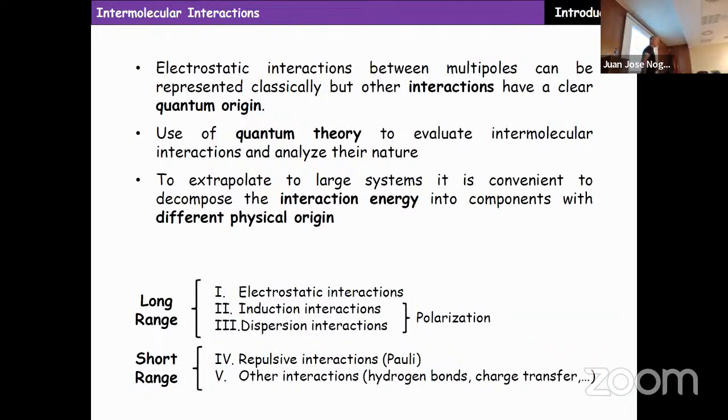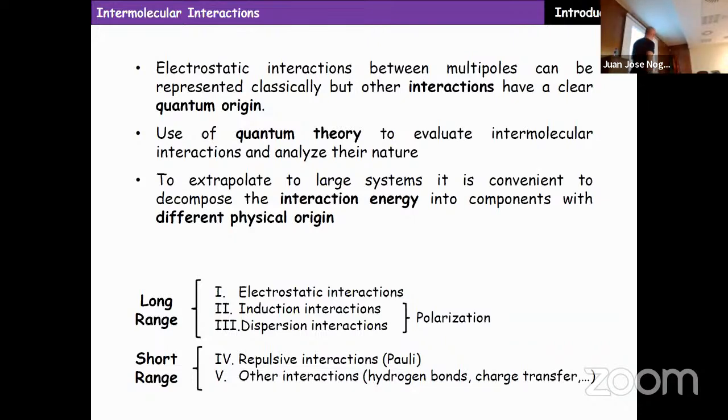For example, can dispersion be represented classically? No. Dispersion depends on what? On electron correlation. Not any electron correlation: the long-range electron correlation between electrons from one molecule and the other molecule. Okay. Pauli repulsion. The repulsion depends on the exchange, but the exchange is of quantum origin.